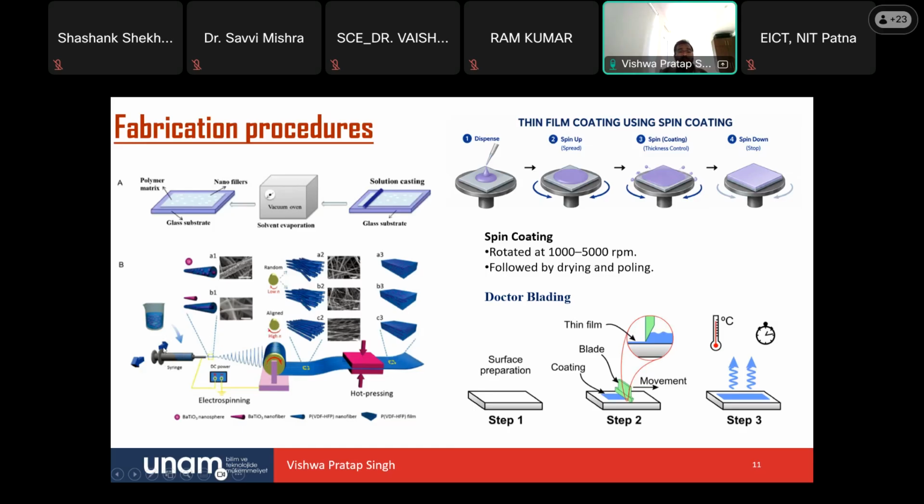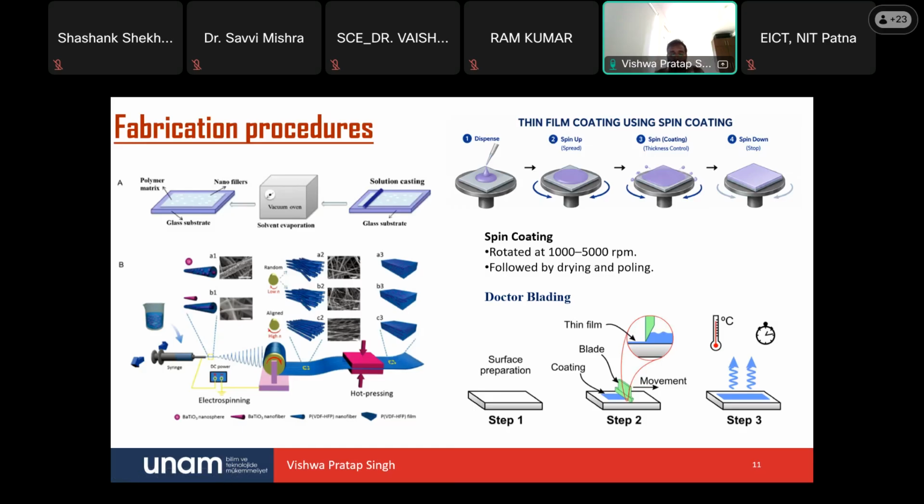So you have a syringe, you fill the liquid inside this syringe, and because of this electric field potential difference, the syringe throws the liquid over this drum, and you get very thin fibers over the drum, and that drum can be removed, and you can get your film easily. So they call it electrospinning based fiber, but obviously these are fibers in the form of film.